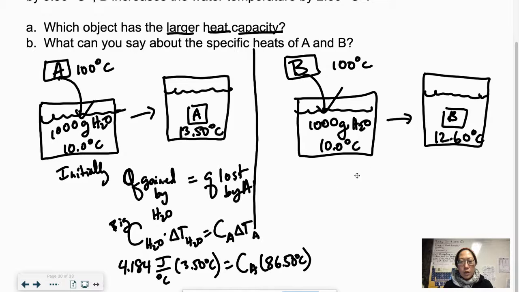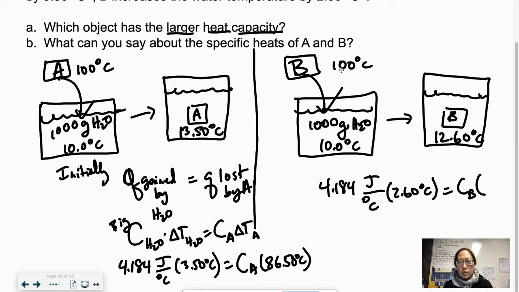Same with B, we can set this up: 4.184 joules per degree C times 2.60 degrees C is equal to the heat capacity of B times, in this case, it's going from 100 to 12.60, so that's 87.4 degrees C. Comparing these numbers, this is a smaller number divided by a larger number, and this is a larger number divided by a smaller number.